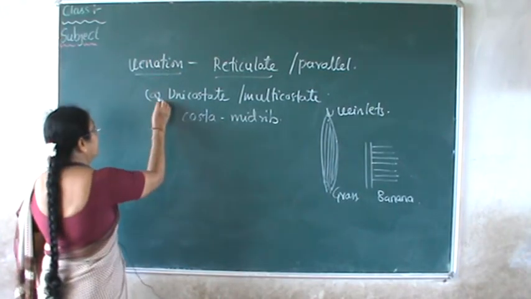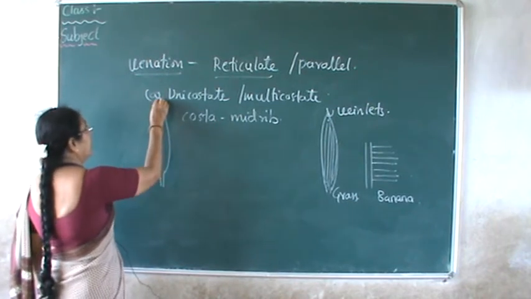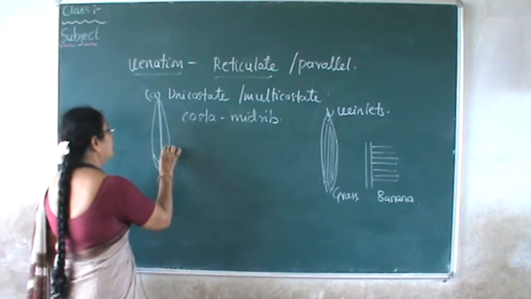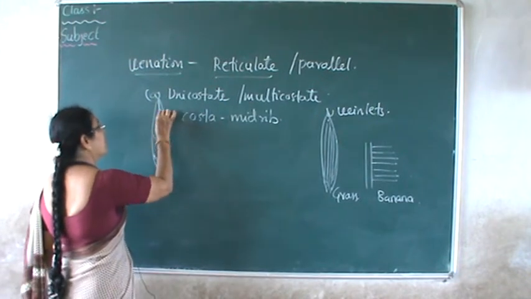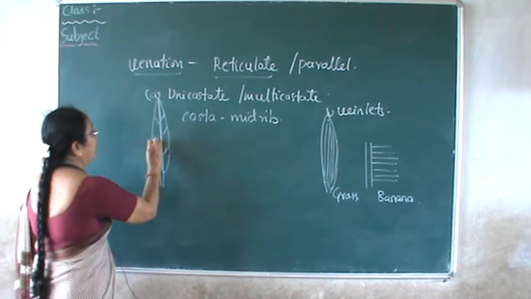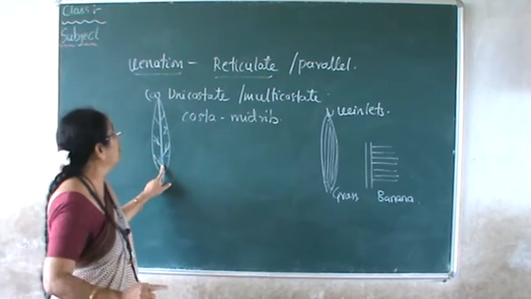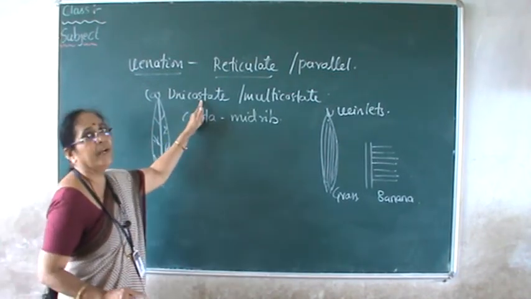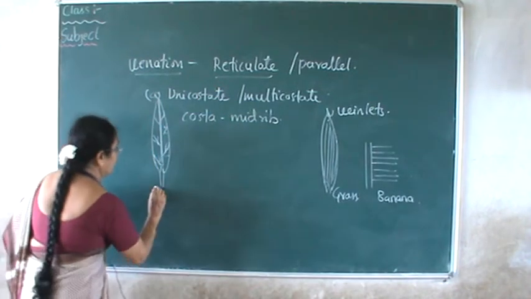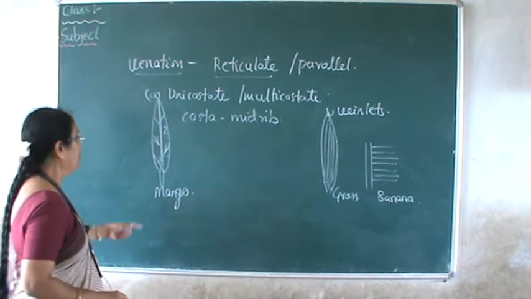Mango leaf is an example, or Polyalthia, with a strong single midrib. This midrib is further branched to produce the veins, and the veins further branch to produce the veinlets, and ultimately this forms a networking system. Since there is a single strong midrib, this kind of venation is called unicostate reticulate venation, found in mango leaf, Michelia champaca, and even cashew.